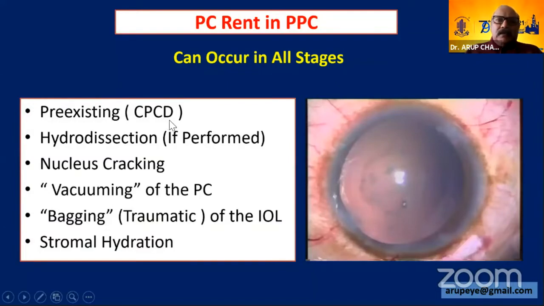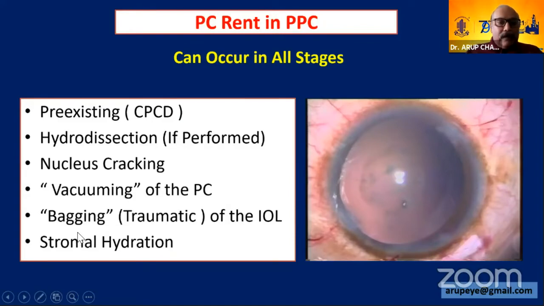The main challenge in these situations is that posterior capsular rent can happen at all stages of cataract surgery. It may be pre-existing, like congenital posterior capsular dehiscence. It can happen during cortical cleaving hydrodissection, if it is performed by mistake; we don't do it. It can happen during nucleus cracking if it is not cracked properly, or during vacuuming of the posterior capsular plaques, which again is not recommended.